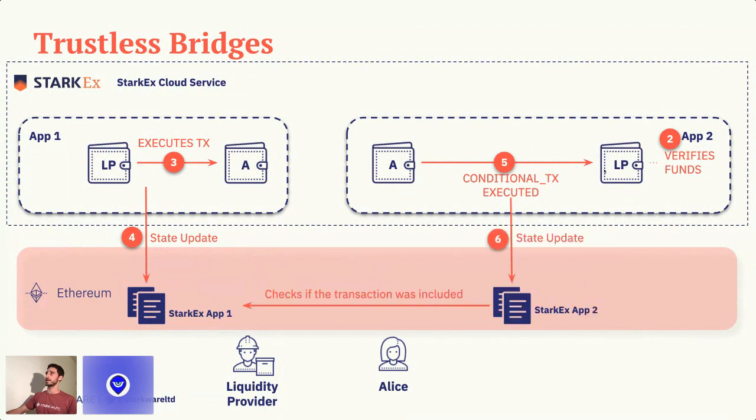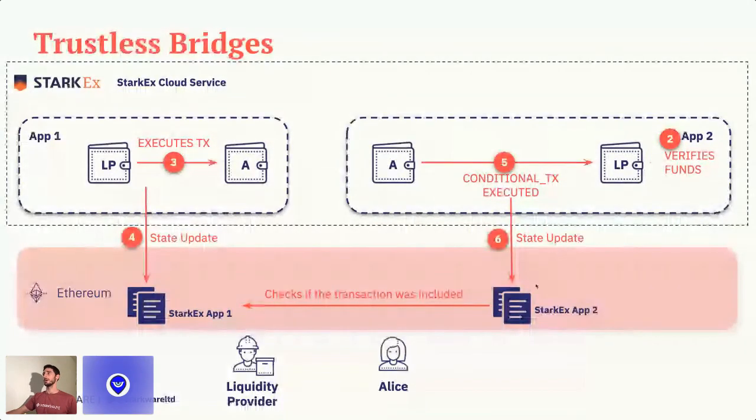we have a state update from application 2. And what happens in this state update is that the on-chain contract checks in the other application's contract if the transaction was indeed included. If it was included, the proof gets accepted and the state is finalized. If it was not included, meaning Alice didn't get her funds on application 1, the state is reverted and Alice gets back her funds on application 2.